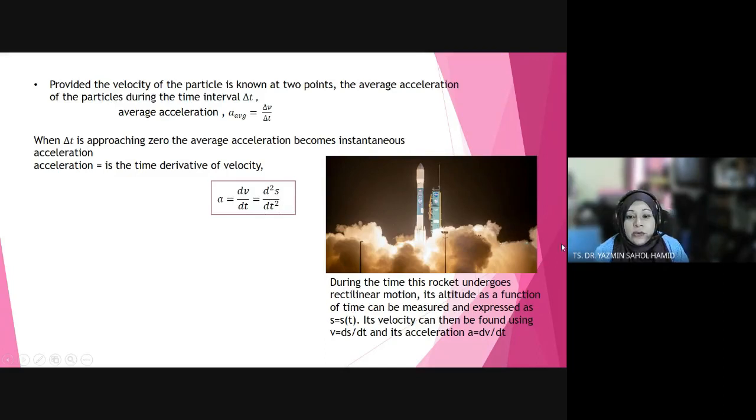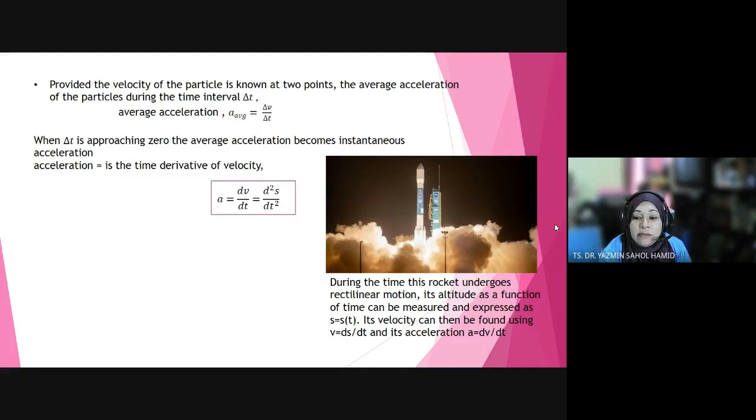Okay, so here you have a picture of a rocket. It is undergoing rectilinear motion, shooting up to the sky. Its altitude is a function of time and can be expressed as s equals s(t).